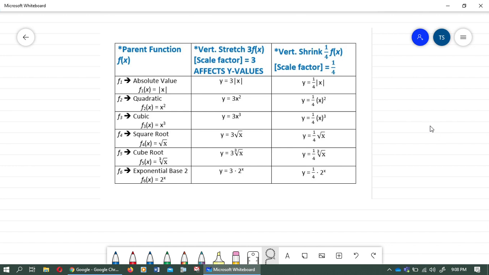This chart here was another thing that we talked about with your dilations. This chart in particular was one from a previous video that talks about vertical dilations, when you're going to have a vertical stretch or a vertical shrink, what those scale factors are going to be, and how each equation looks.